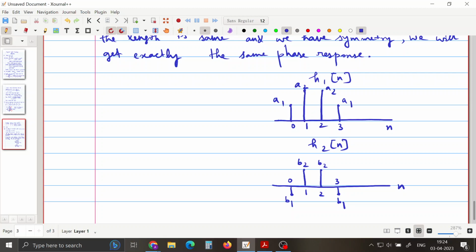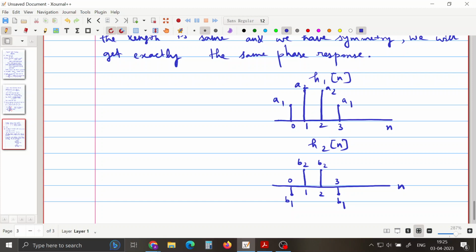So clearly, if you observe both these sequences, first of all they have equal length, right? Its length is 4, capital N equals 4. There are 4 non-zero samples, from small n equals 0 to 3, which means capital N equals 4.